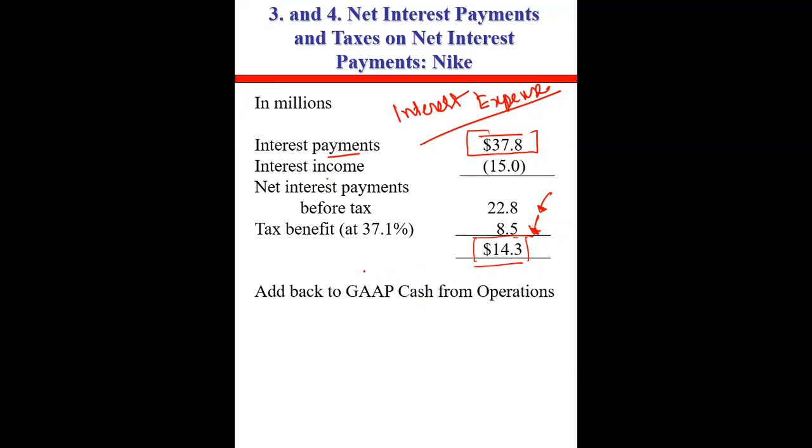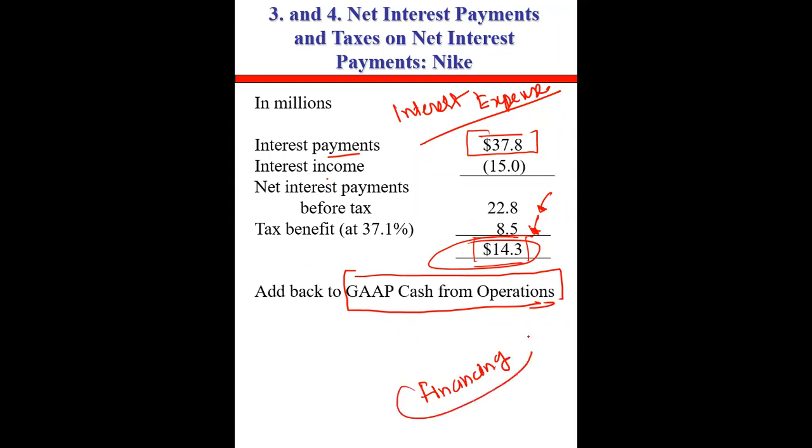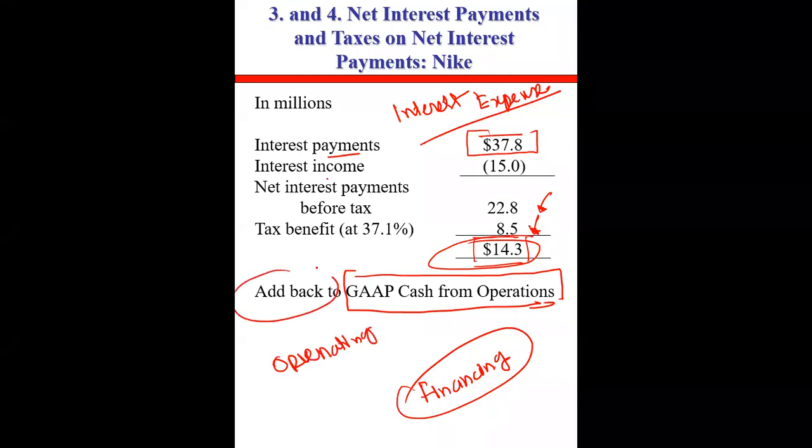In the standard cash flow statement, GAAP has subtracted the net cash paid for interest. To take it to the financing section, I will show it in the financing section. What do we need to do in the operating section? Should we add back this amount or subtract again from the operating part?